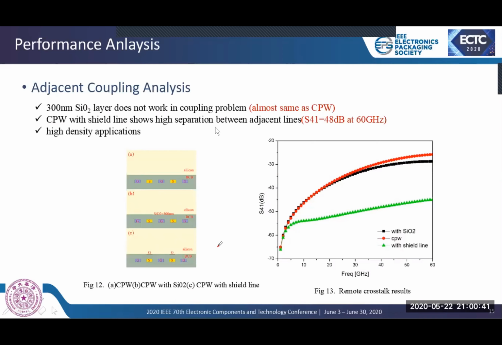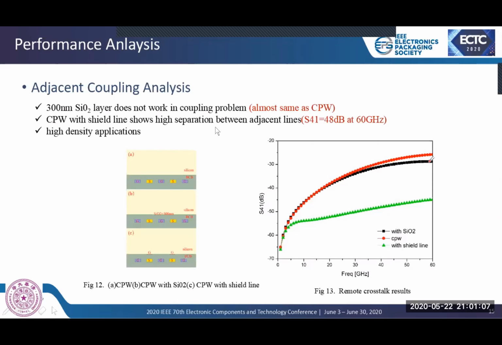S parameters from port 1 to port 4 reflect far-end crosstalk. Over the frequency range, the red circular curve, the coplanar waveguide, performs worst in anti-interference simulation. It only has an isolation of -25 dB at 60 GHz.